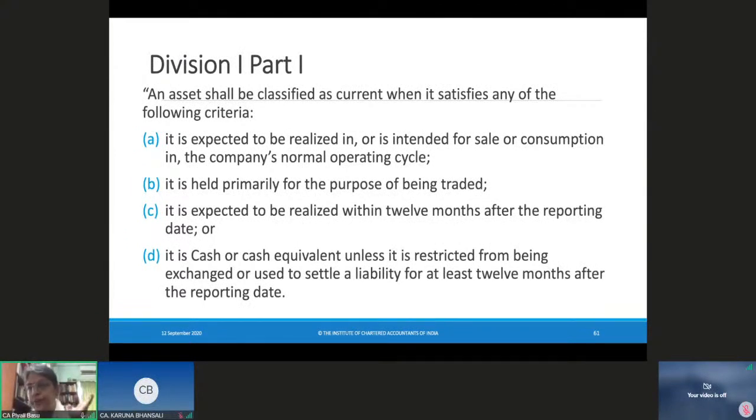Nobody is holding it unnecessarily forever. So there are cases. I'll come back to you probably with specific such cases, but there are cases where such can be there. And even if it is proven that the operating cycle is more than 12 months, the balances relating to that can be defined as a current asset. I will try to come back with some examples.